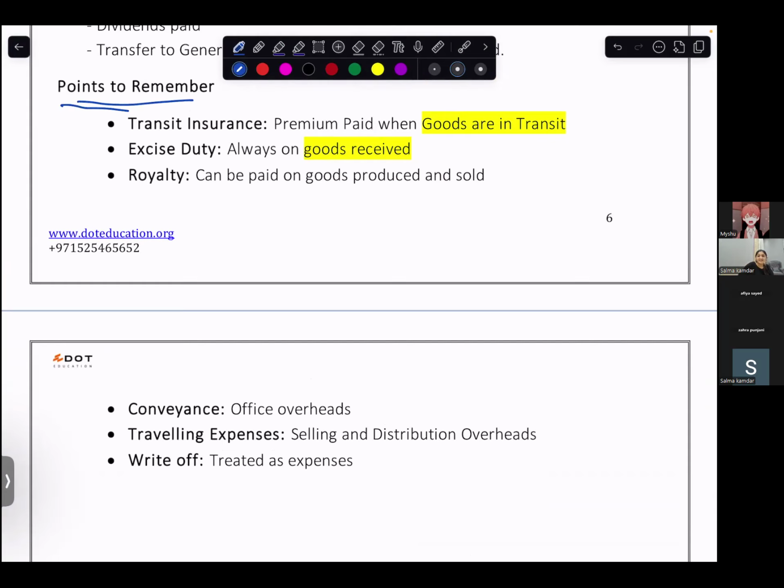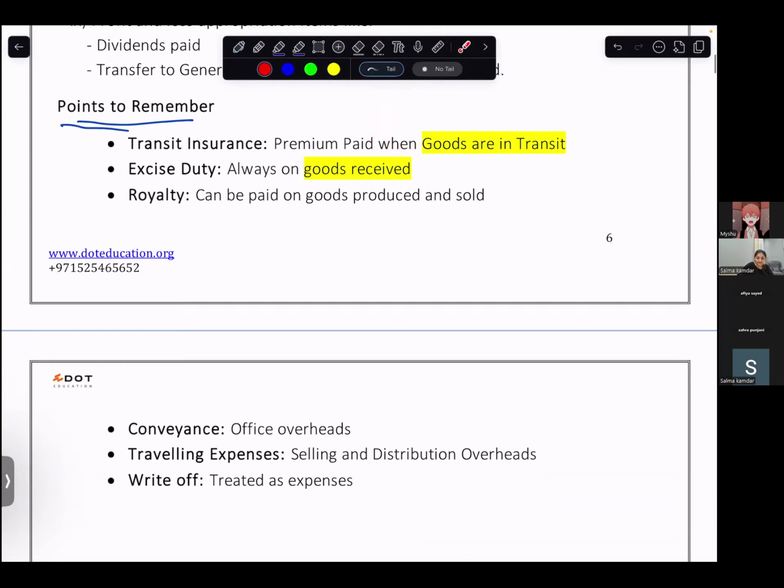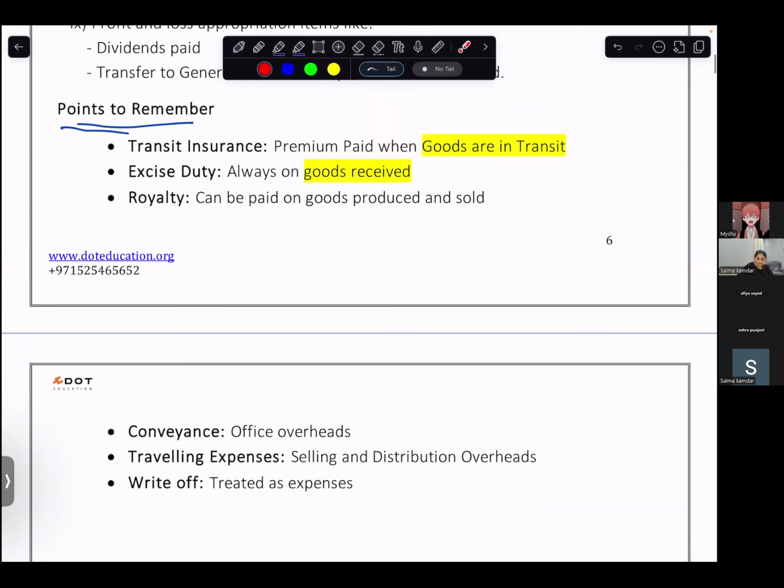What is transit insurance? This is the premium amount paid when goods are in transit. Excise duty is always added in raw material. Okay?